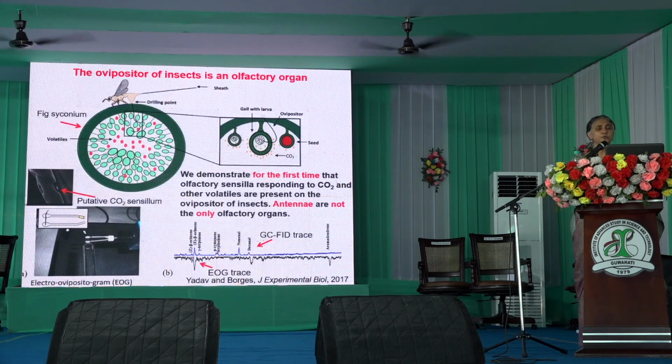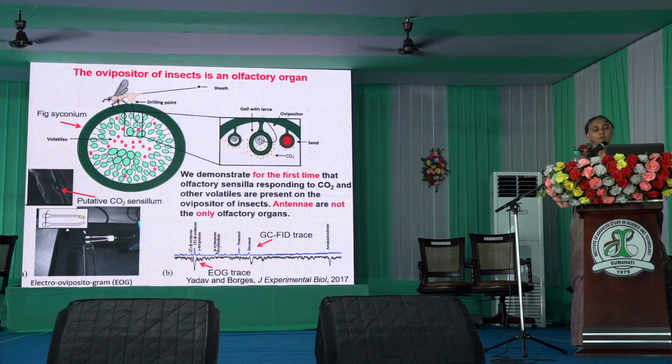I earlier told you that we have established for the first time that the ovipositor of insects is a smelling organ. Before this, everybody thought that only the antennae of insects function to smell, but we have now demonstrated that there are sensory olfactory receptor neurons in the tip of the insect ovipositor.